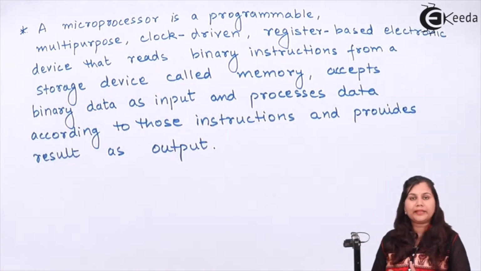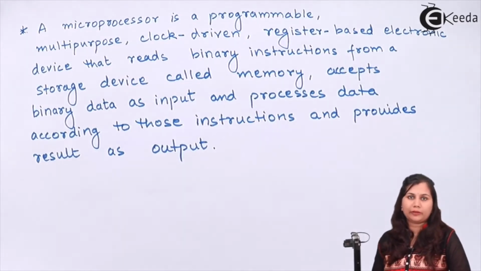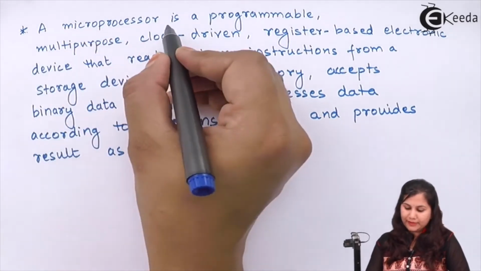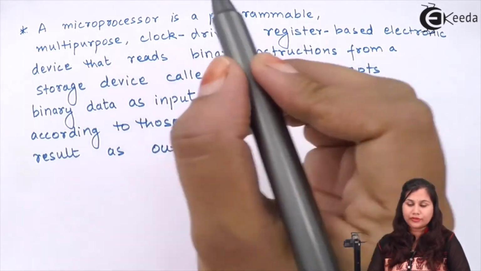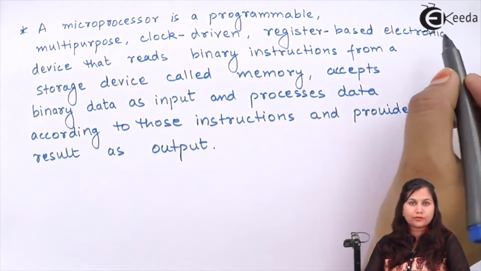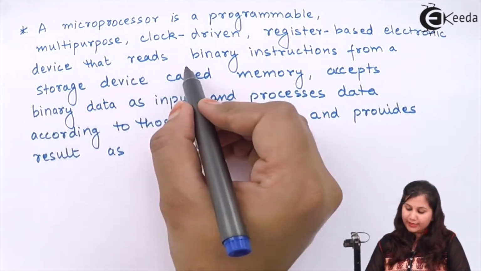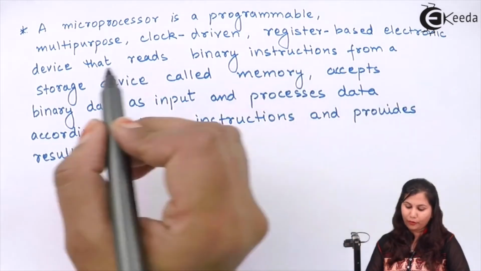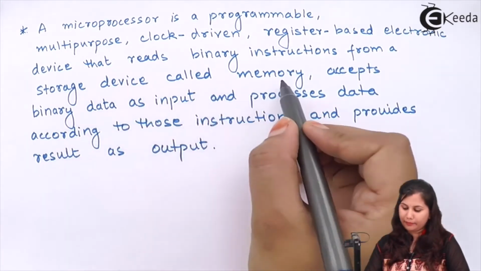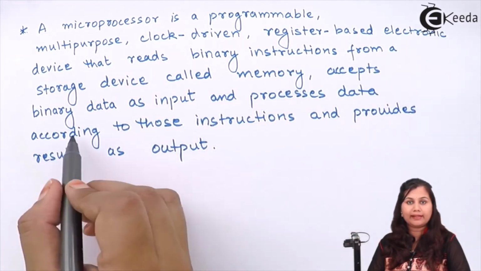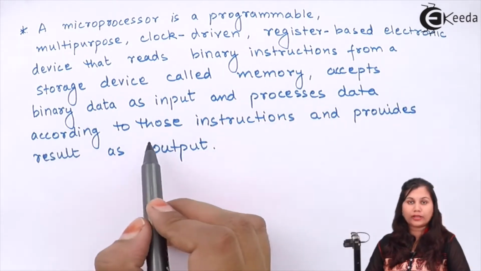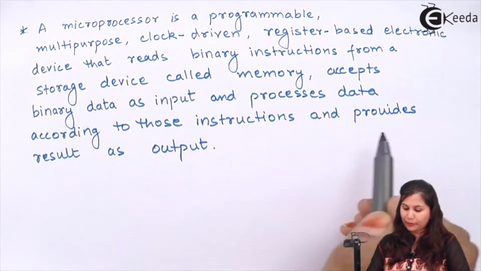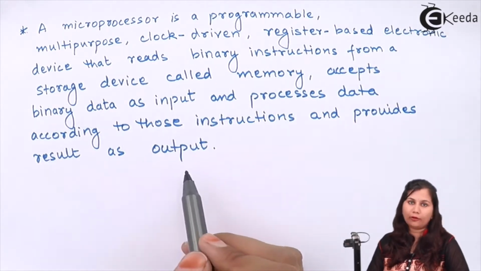This is the complete definition of the microprocessor. A microprocessor is a programmable, multi-purpose, clock-driven, register-based electronic device that reads binary instructions from a storage device called memory, accepts binary data as input, and processes the data according to those instructions and provides the result as output.